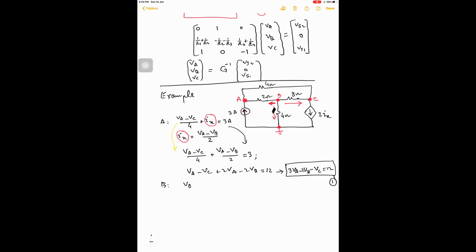VB minus 0 is the voltage across the 4 ohm resistance. What is this current? This current is flowing from node B to node C through the 8 ohm resistance. And what is this current over here? This is the current flowing from node B to node A through the 2 ohm resistance, equal to 0.